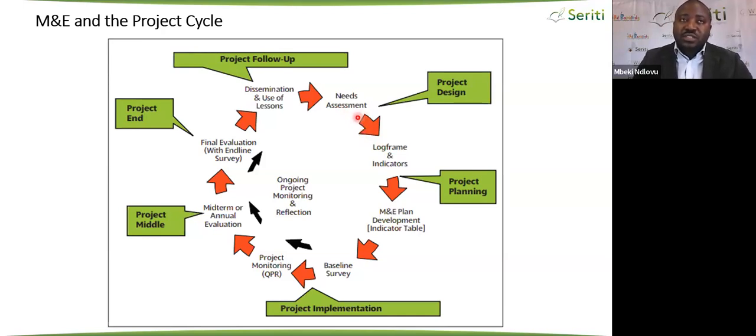You are able to set up goals to say, because I now have an understanding of what the problem is, I'm now going to set goals. And when you set goals, as part of project design, it leads us to this space where we develop a log frame and indicators and assumptions that are associated with that particular log frame.